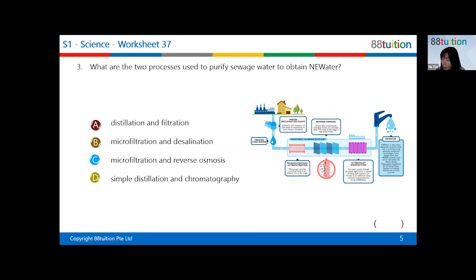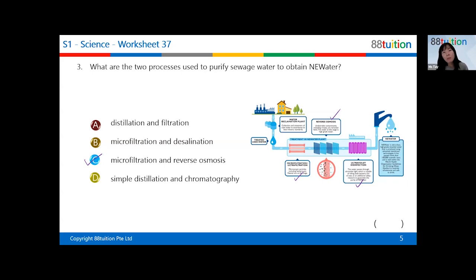So first one is the microfiltration, or you can call it the ultrafiltration, followed by reverse osmosis. The third one is to use the UV light to further clarify the water, kill whatever remnants of the bacteria or viruses, okay? But two main processes: microfiltration, reverse osmosis. So this is the answer. Okay, memorize only this part here.